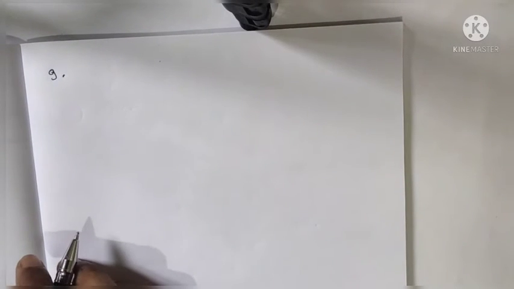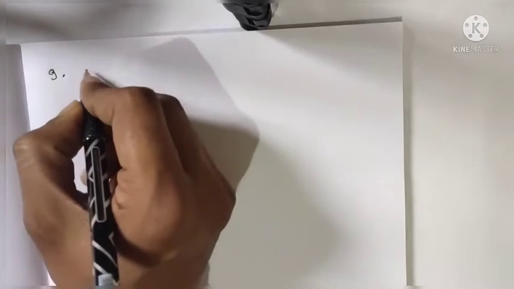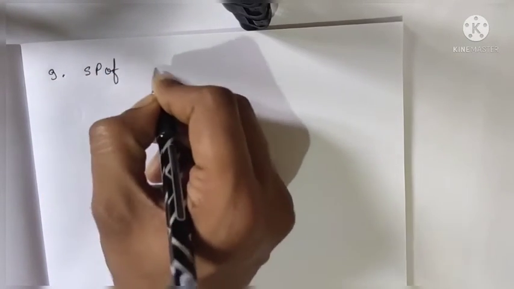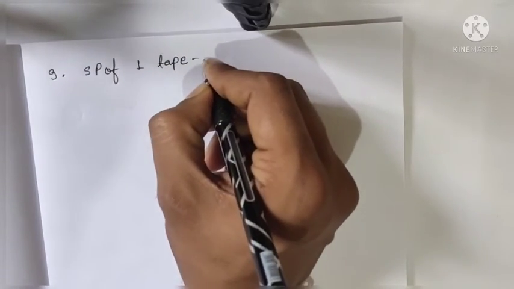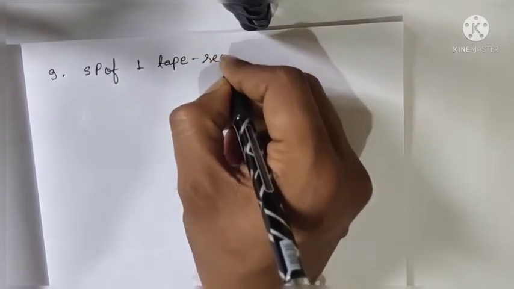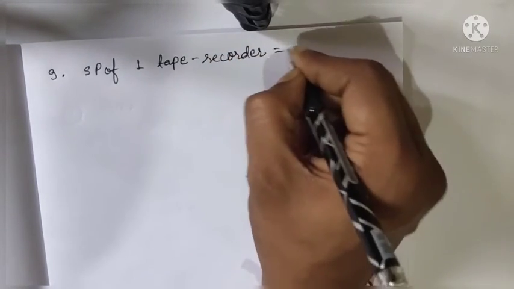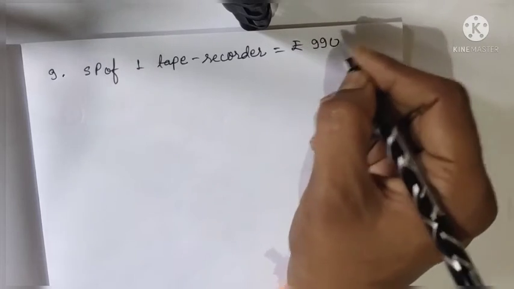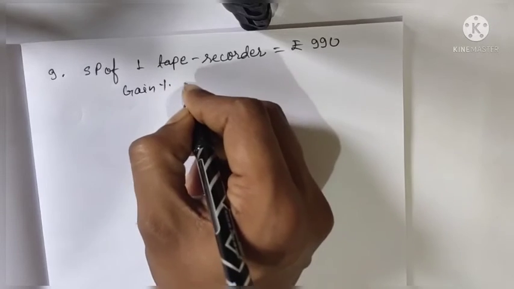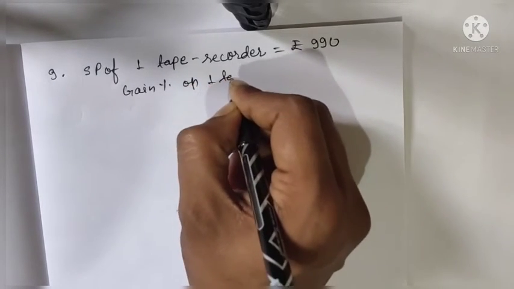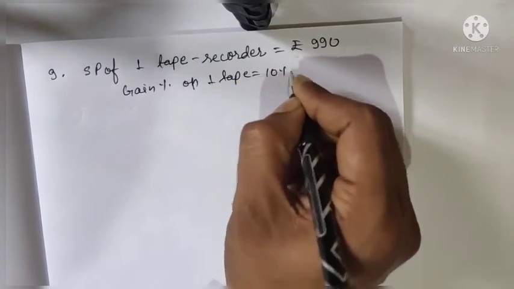Simple. Question number 9 is, Mr. Sinha sold 2 tape recorders for rupees 990 each. So SP of one tape recorder is given as rupees 990, and gain percent on one tape recorder is equal to 10%.